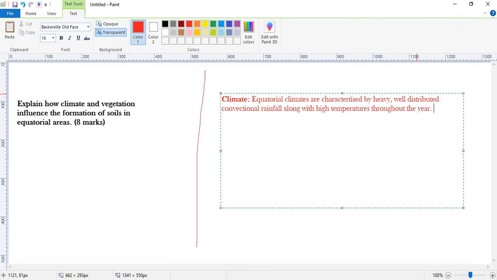Remember, we're trying to get at least 4 marks for saying something about the climate. Now what we want to do is to relate the characteristic of the climate to the soil. So let's see what we can do.